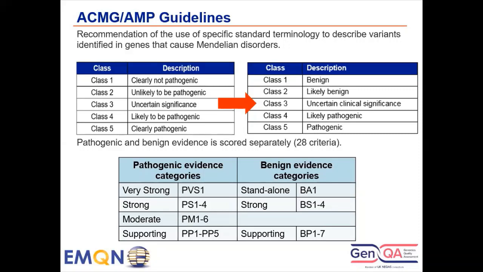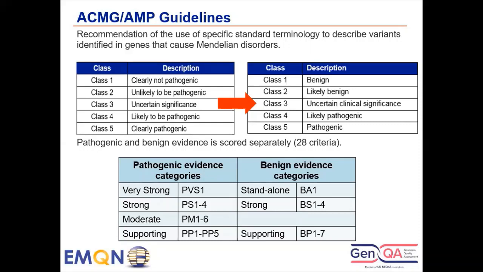What are the criteria to state that something is pathogenic or likely pathogenic or benign or likely benign? Well, there are different scores that can be applied, and they correspond to some points.